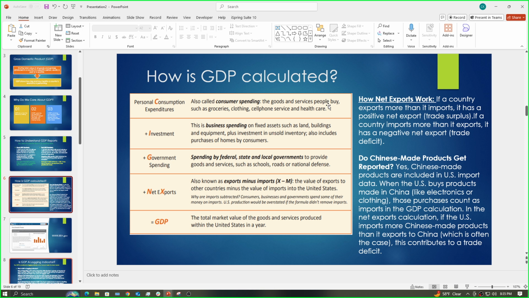And I said, don't get consumer spending confused with consumer sentiment, the other market data, because consumer sentiment is basically how people feel about the market. So when we get that consumer sentiment data, that's not a part of the GDP.